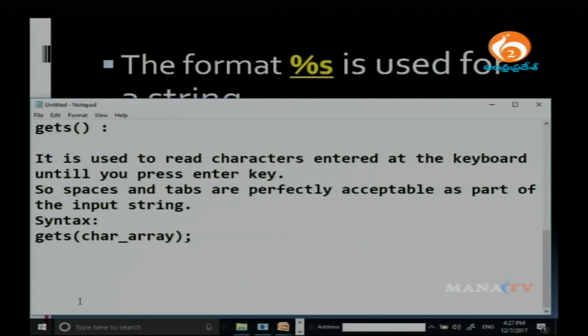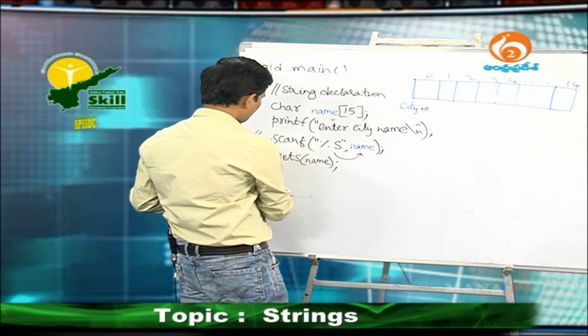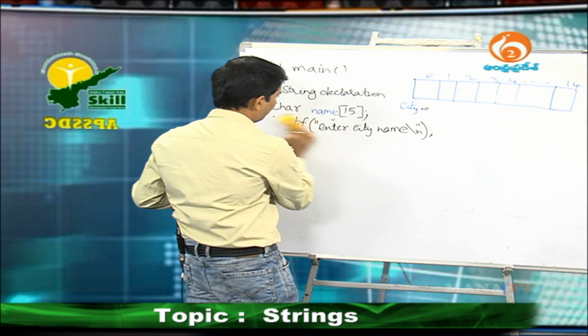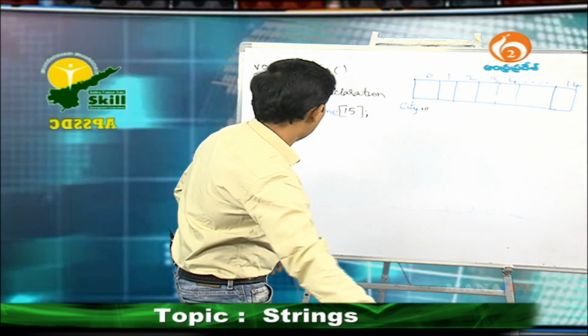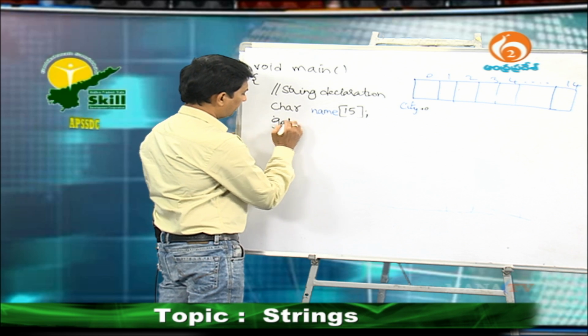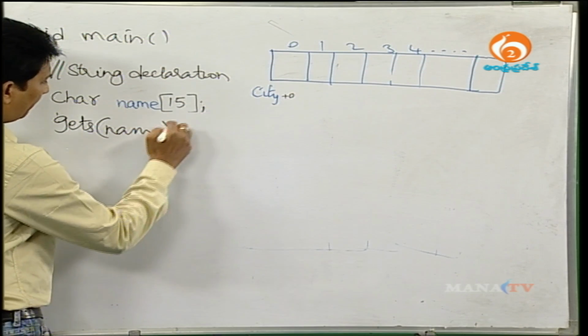Next, displaying the strings. Now I want to write displaying the strings. Gets, we have already seen name.